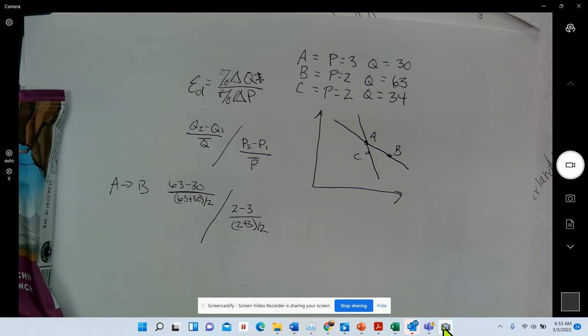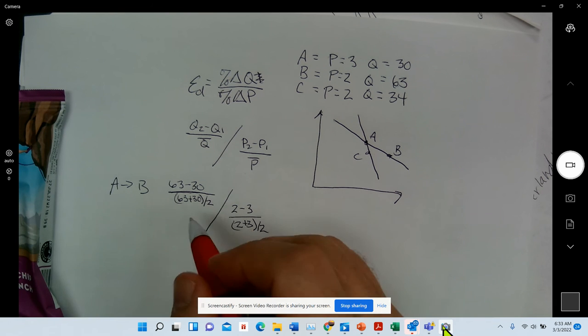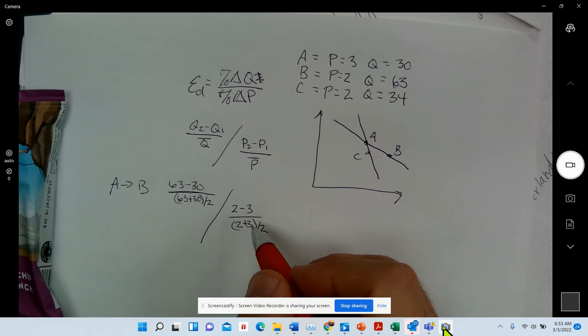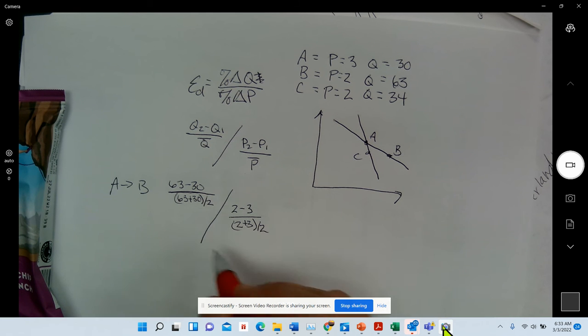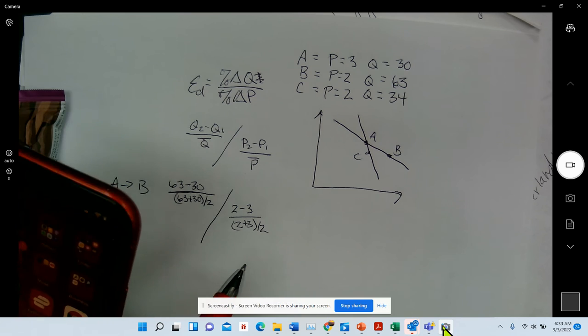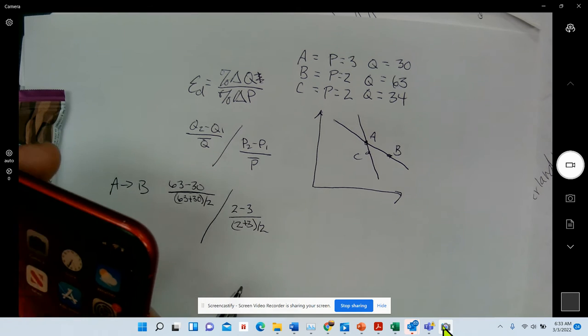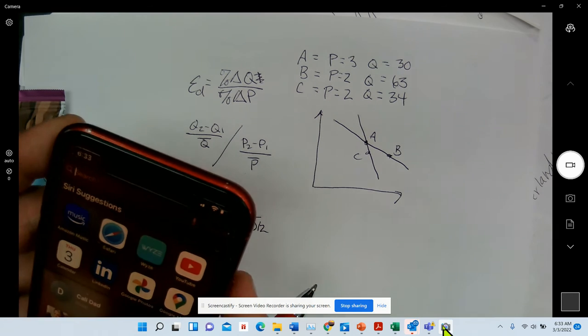So let's go ahead and calculate this out a little bit. What I like to do is write this out as much as I can and simplify the fraction as much as I can so that I can put it into my calculator and make fewer mistakes that way. So I'll pull up my calculator.